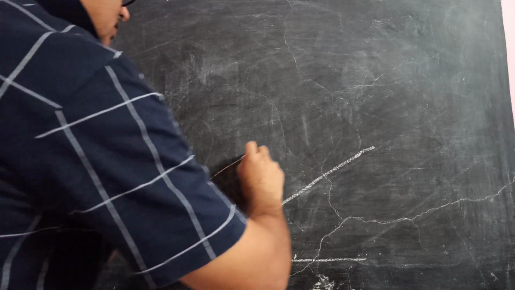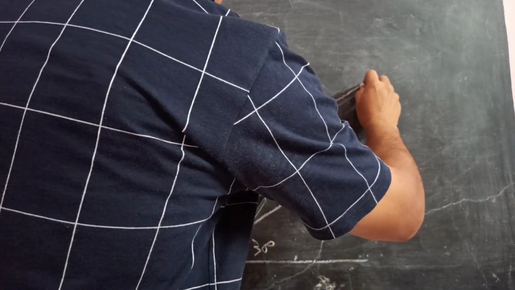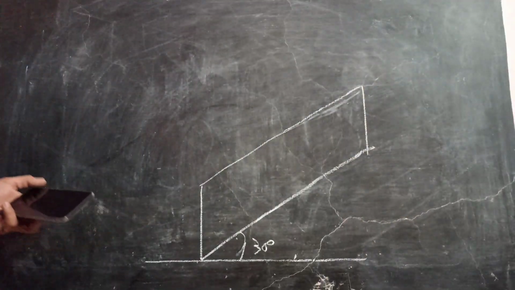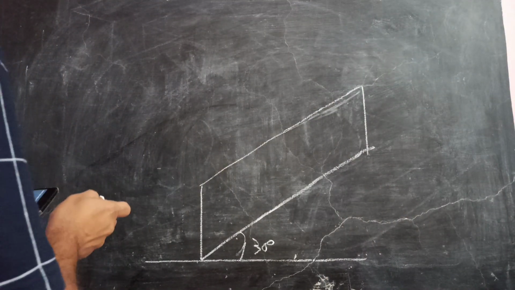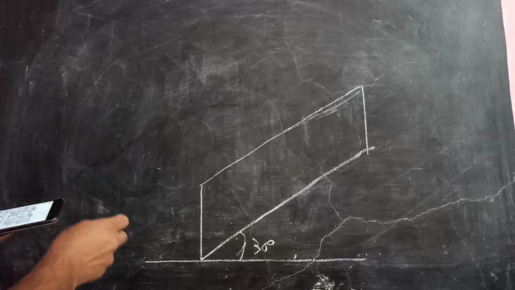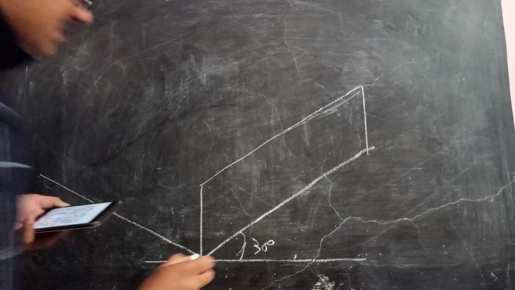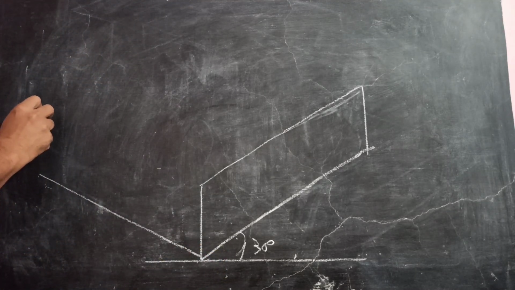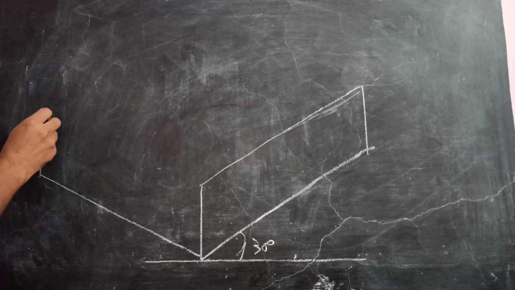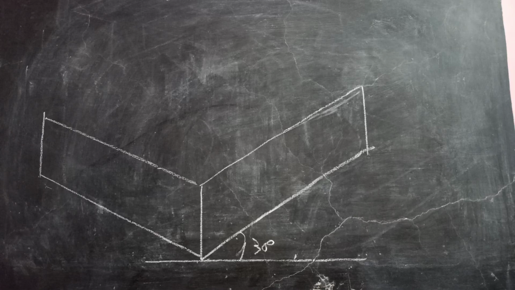So this is 15, then the width is also 50, so this is 50, again at 30 degrees, so 50 by 50.